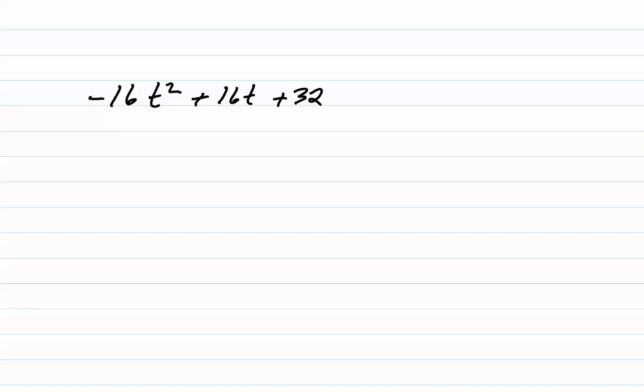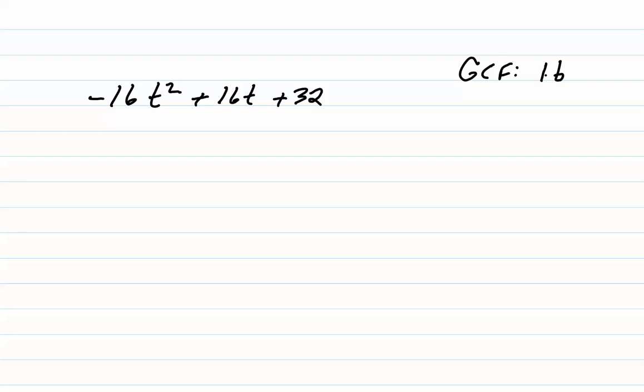Well, we can also look at simple greatest common factors when we're only looking at numbers. So this particular problem, minus 16t squared plus 16t plus 32, we want to look for something that's common in each of the terms. 2 is common, 4 is common, 8 is common, but the greatest common factor is 16.